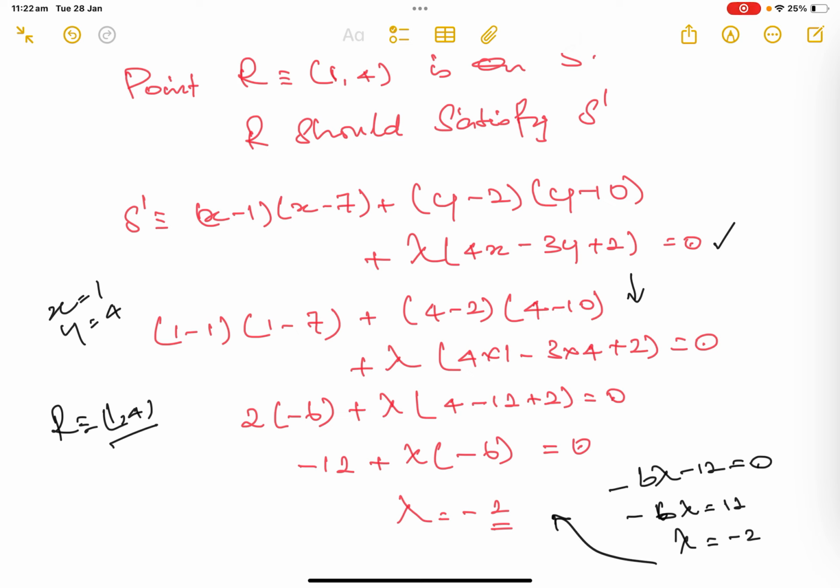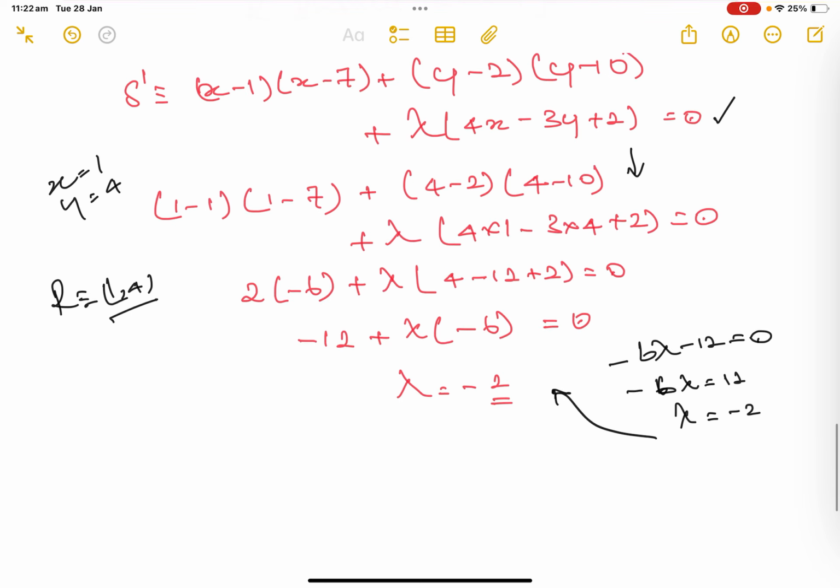That is minus 6. So minus 6 lambda minus 12 is equal to 0. Keep the minus 6 lambda, take the 12 to the other side, and lambda equals minus 2. So that's what we have been asked to find, the value of lambda.